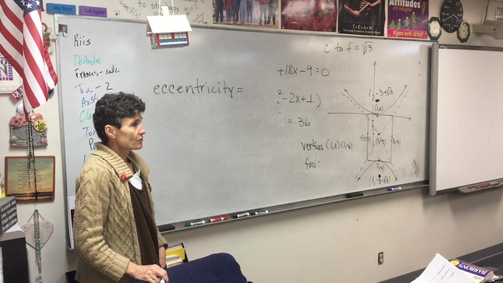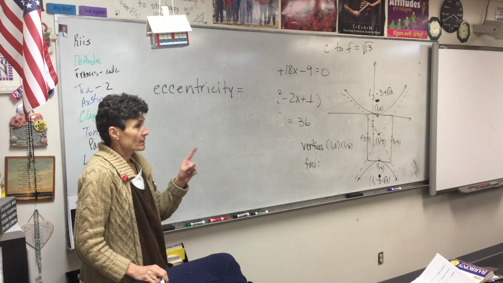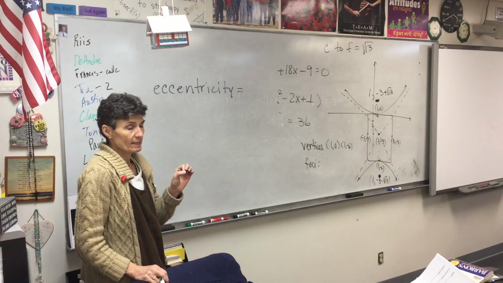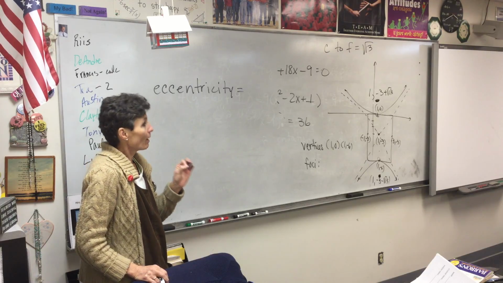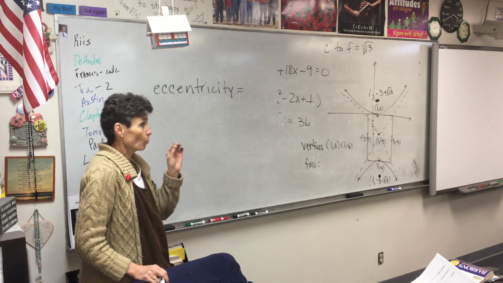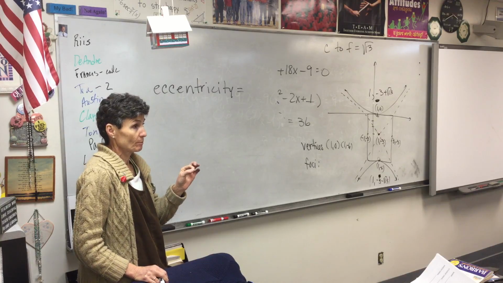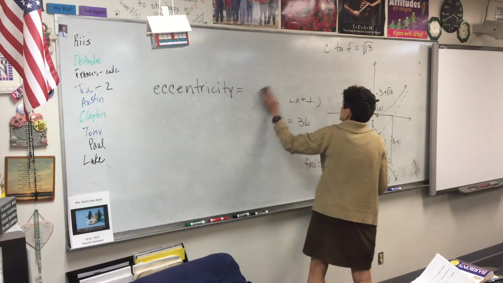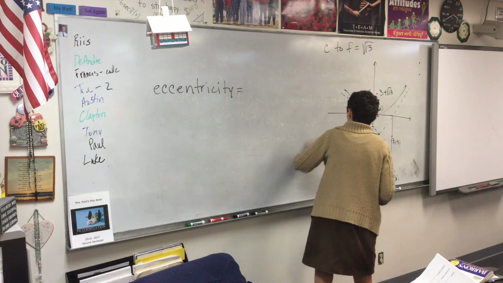Now I'm going to do two things here. I'm going to give you the formal definition of the eccentricity, and then I'm going to show you how we find it, because we don't find it using the definition, but I want you to have the definition. Eccentricity is a fraction.